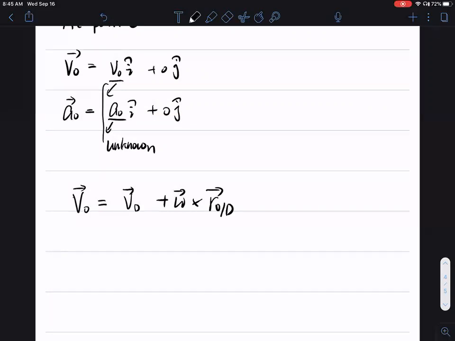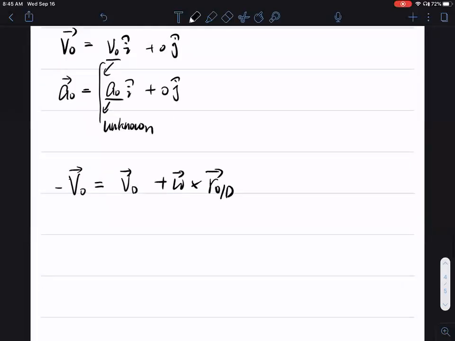Can we do that? That's the first equation we can write. Another equation we can find is between VO and VC.